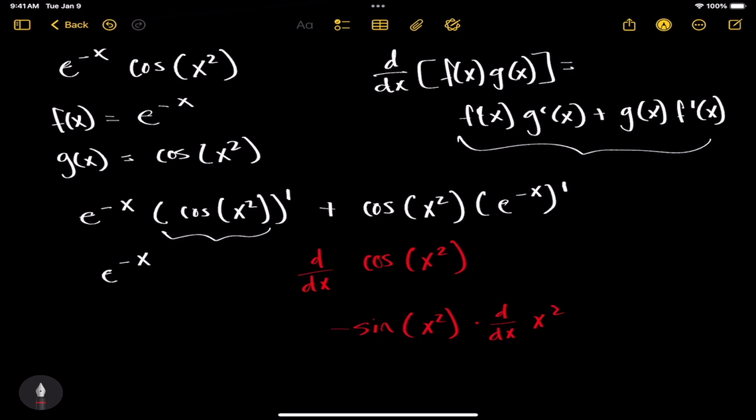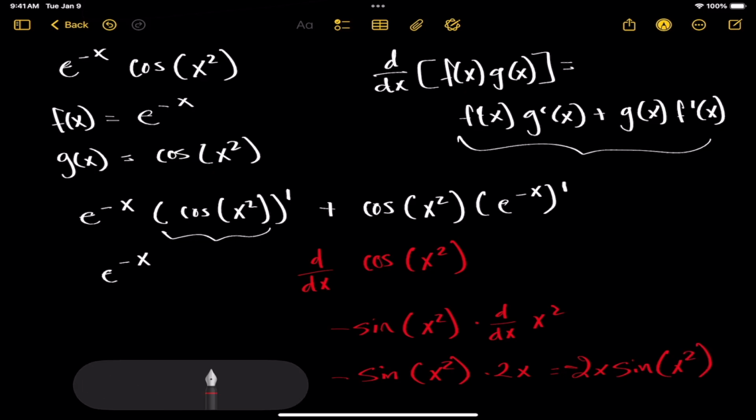The derivative of x squared is 2x, so it's going to be negative sine x squared times 2x. Now, you could also write that as negative 2x sine x squared.